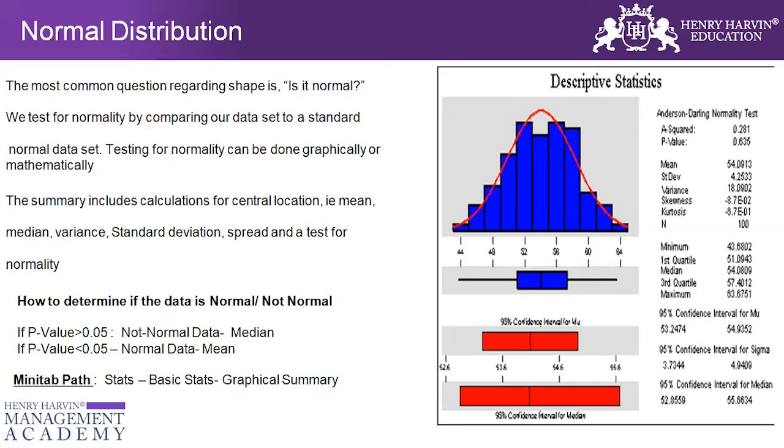And when you know it's discrete data, you would not do the normality test, because we consider that there is no normality or non-normality observed when your data is discrete in nature.